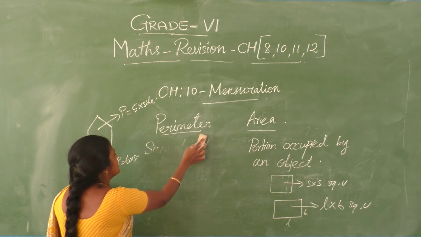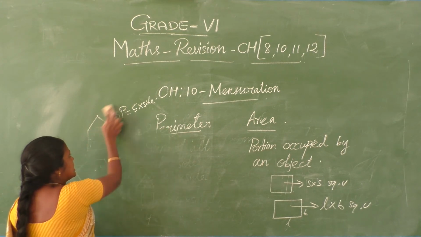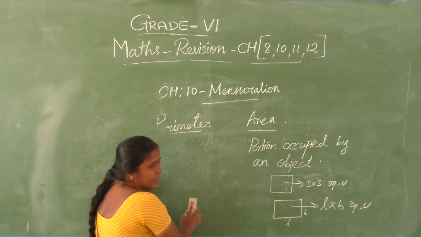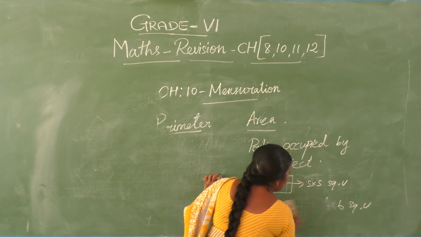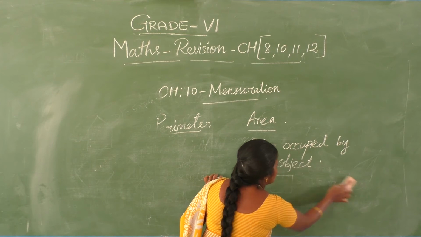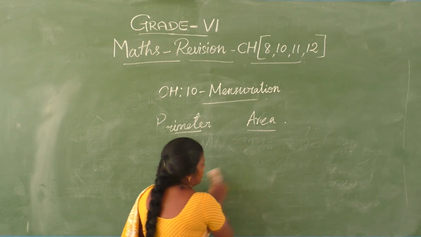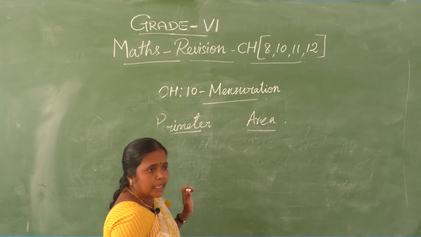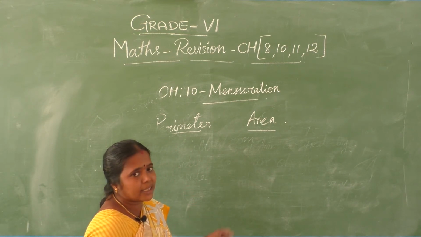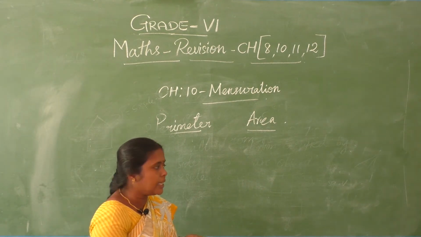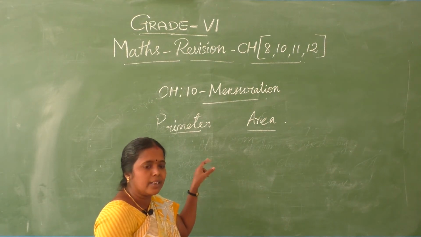Fencing, a technical word related to perimeter. Fencing is nothing but making a border around the land. So when the word fencing comes in a word problem, you have to find the perimeter of the figure. Suppose the cost of painting around the wall is given, first you have to find the perimeter of the given figure and then multiply the answer by the given cost.